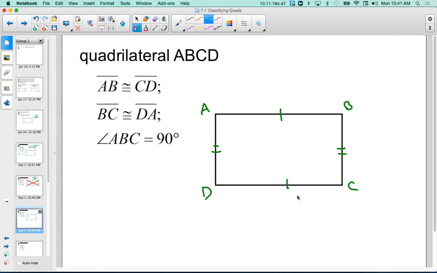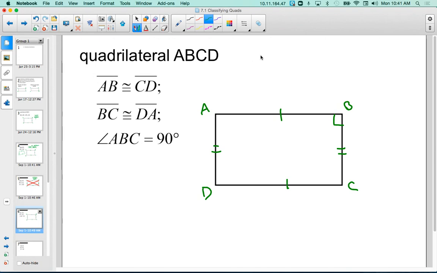And angle ABC is a 90-degree angle. All right. Now, we can use one of our theorems in here as well. Both pairs of opposite sides are congruent. That is a parallelogram theorem. So this is going to be some type of parallelogram.